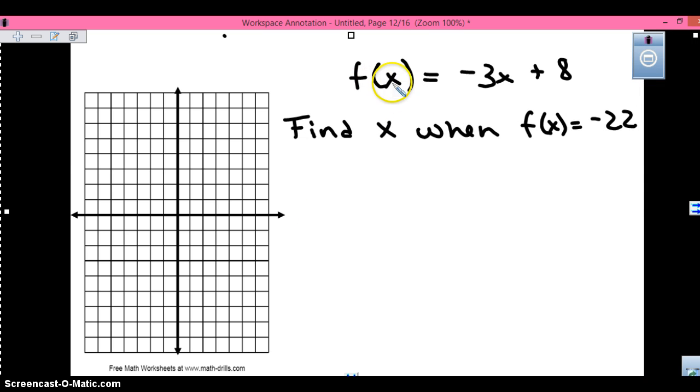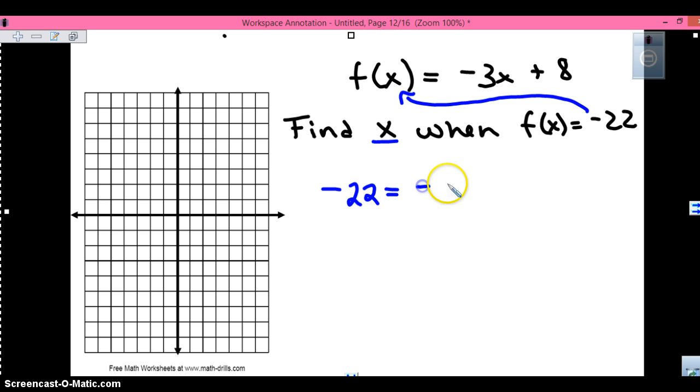If we have f of x equals negative 3x plus 8, and we have to find x when f of x equals negative 22, what are we substituting here? F of x. So we can set this equation up as negative 22 equals negative 3x plus 8.